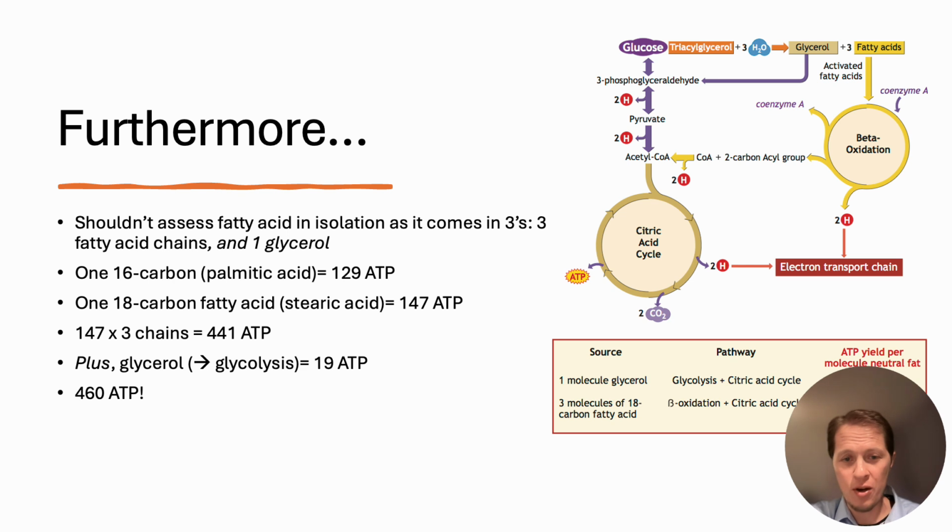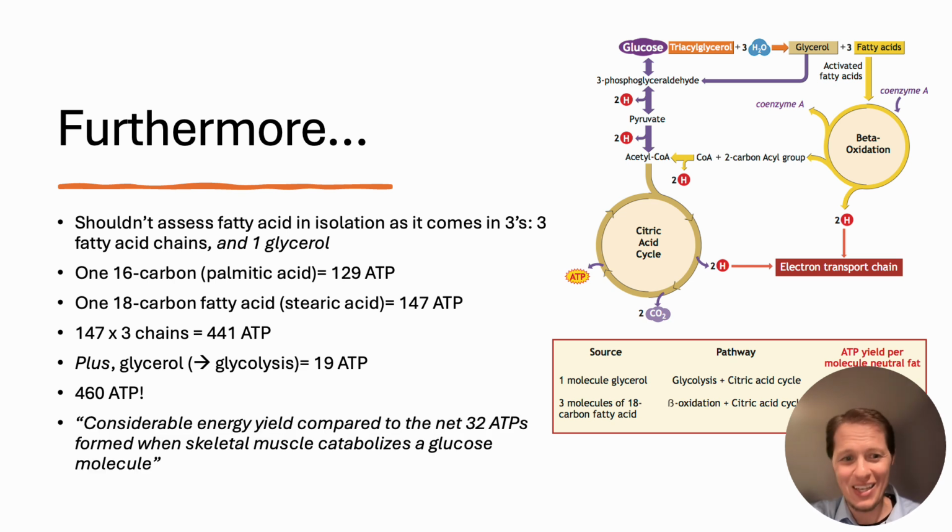Holy smoke, you got 460 ATP. Wow. So a modern textbook, I quoted from this one, considerable energy yield compared to the net 32 ATP formed when skeletal muscle catabolizes glucose. Not too shabby.